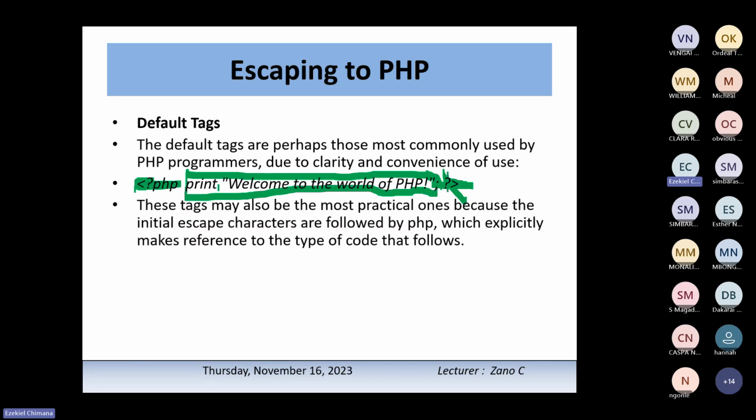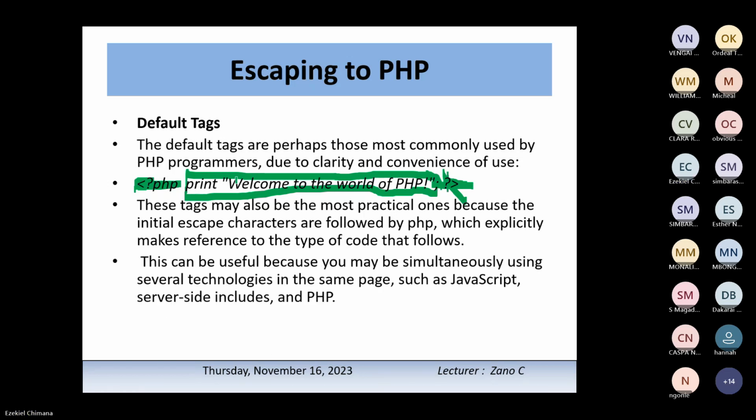These tags may also be the most practical ones, because the initial escape characters are followed by PHP, which explicitly makes reference to the type of code that follows. So normally this one is the most convenient way, because it has the PHP keyword there.